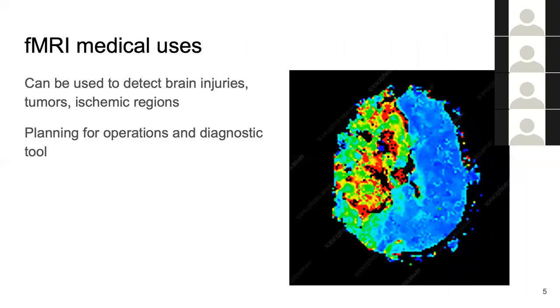This stuff, especially ischemic regions, is directly correlated with the blood flow. So if you want to make some decisions about surgical intervention, you may rely on this data from fMRI. So you can use this as a planning for operation and a diagnostic tool.